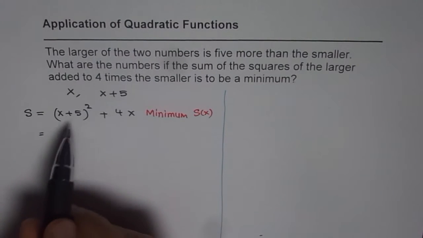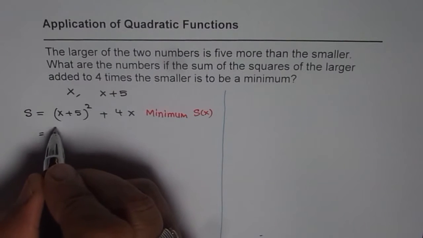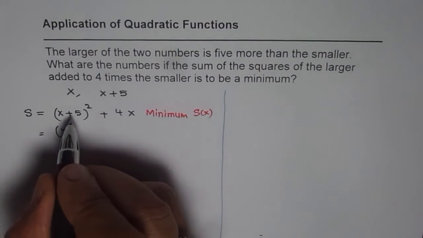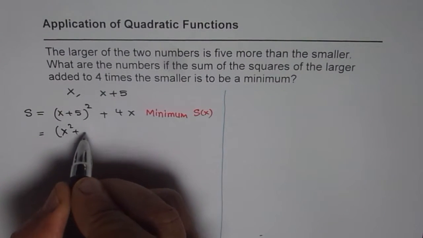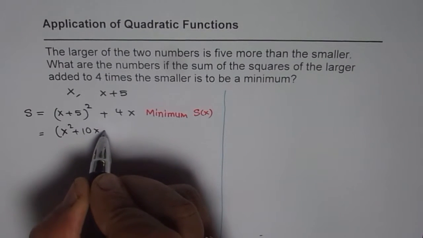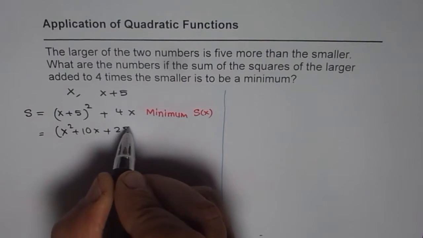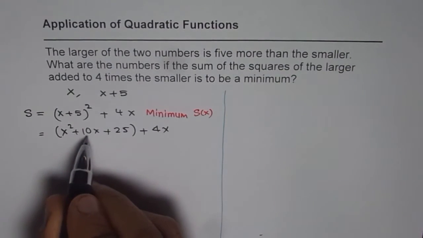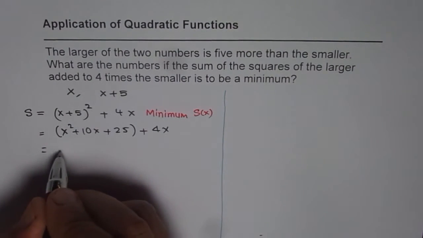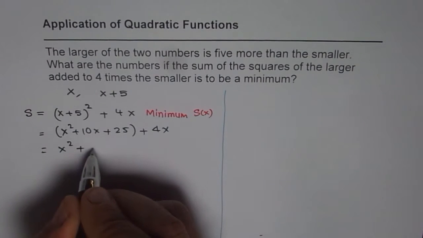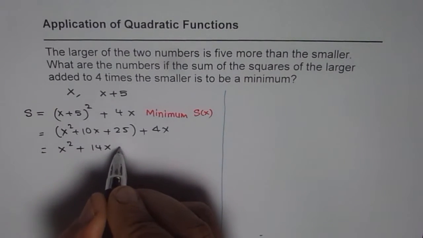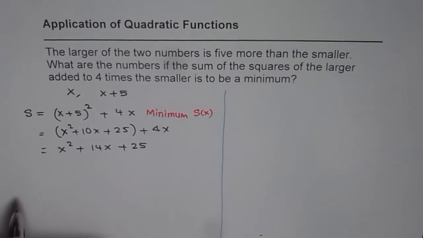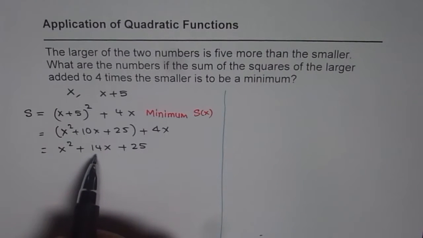For that, let's expand this. What do we get? We get x squared plus 2 times 5, which is 10x, plus 5 squared, which is 25, plus 4x. Combining like terms, 10x and 4x, we get x squared plus 14x plus 25. To complete the squares, we have to add and subtract the square of half of this number.